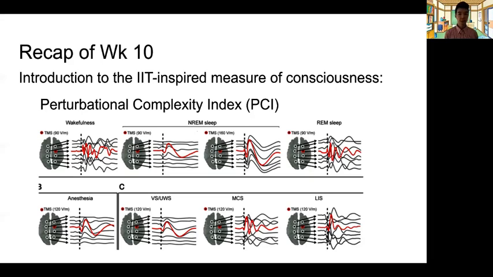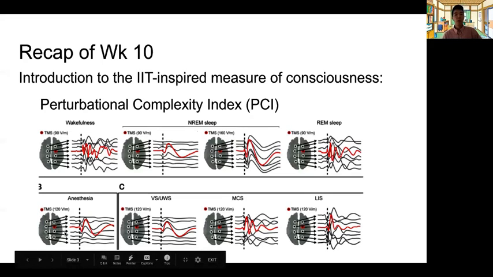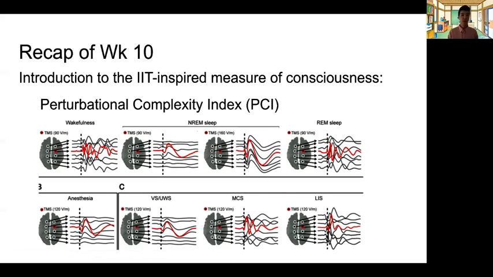In the case of wakefulness, REM sleep, locked-in syndrome or minimally conscious states, where multiple measures of consciousness indicate that they are conscious, the evoked pattern of neural activity is quite complex. It propagates across many areas, and so it extends over time.